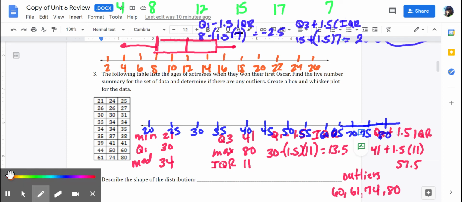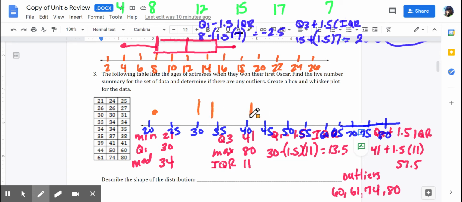Then I just want to create the box and whisker. So my minimum is 21 right here. You want 30, median 34, Q3 41, then my max goes.